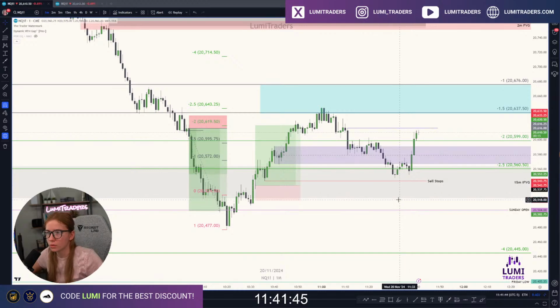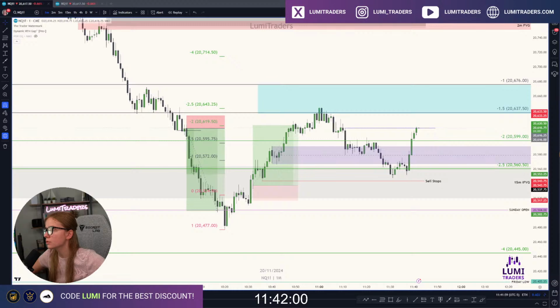Oh, this one. It's pretty much a minor liquidity level. I can see a 5-minute inversion fair value gap presented already. Okay, we swept this high, but no closure yet.